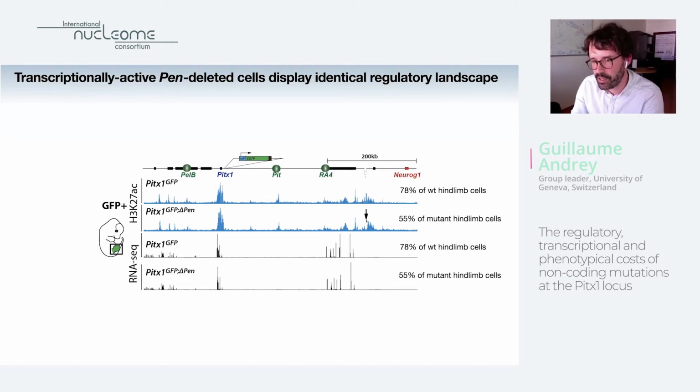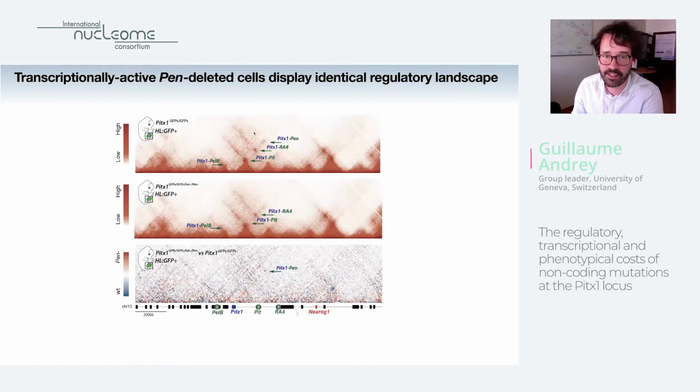In these cells, the removal of the Pen enhancer didn't change anything in the distribution of acetylation over the landscape, and didn't change the amount of transcript we have. It just reduced the number of cells, basically. And if we look at the 3D structure to compare both types of active cells, we can see that the GFP plus wild type and the GFP plus without the enhancer look totally identical.